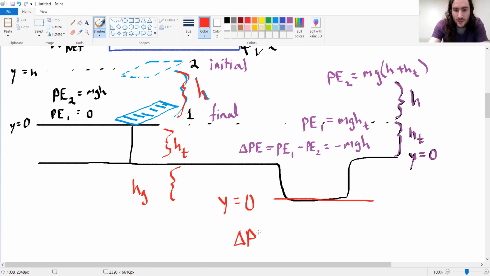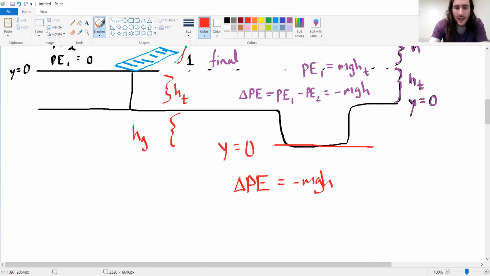Again, the change in potential energy is going to be equal to minus mgh. And so in all cases, we have that minus the change in potential energy is equal to mgh when we drop that book.